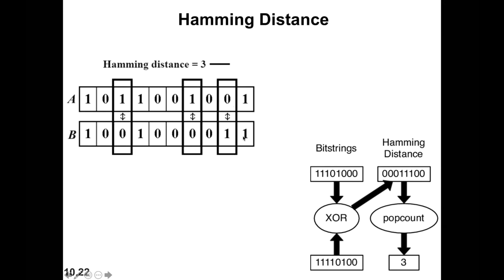Second code word B, and we want to find out how many bits are different here. So this bit is different, third bit is different, seventh bit is different, ninth bit is different. How many bits are different? 3. So we will say that the Hamming distance is 3. So Hamming distance means the number of different bits, right guys?